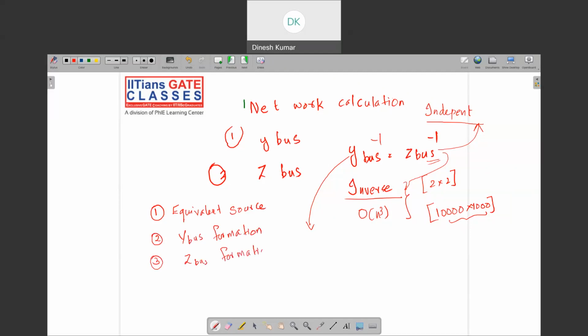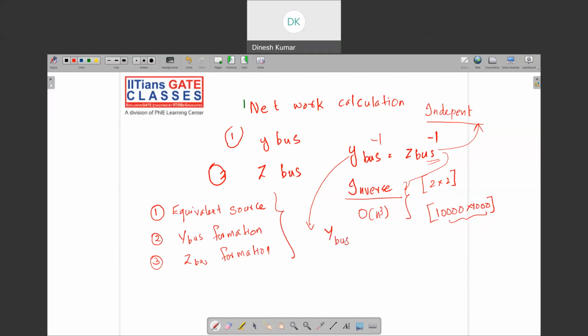I'll be looking at these three things today: what is an equivalent source, Y bus and Z bus. The equivalent source is very important because in most power systems we will be writing the Y bus.